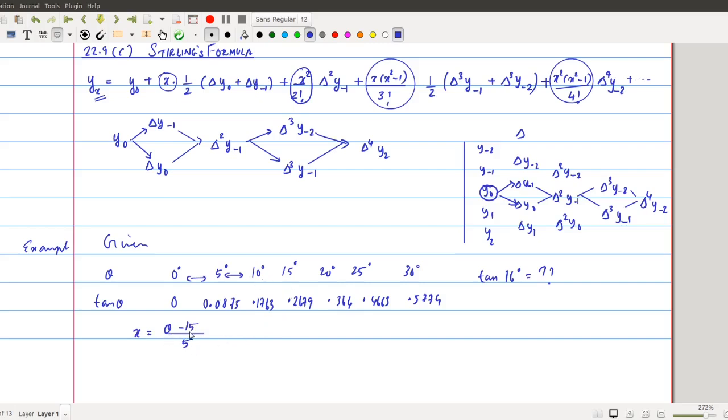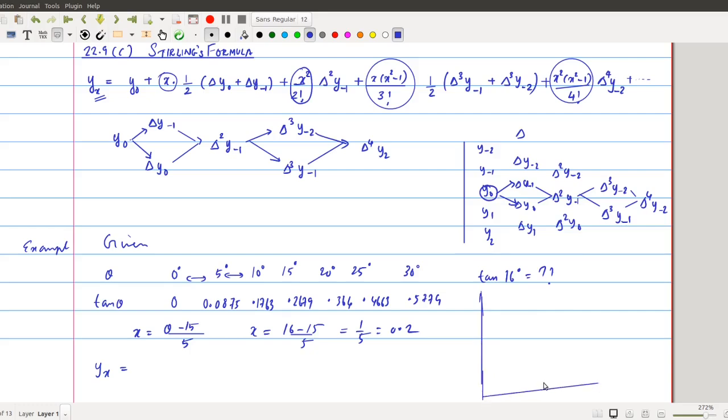At theta equal to 16, x is (16 minus 15) divided by 5, that is 1 by 5, equal to 0.2. Now you evaluate yx. What is yx? Yx is obtained by performing this formula, that is y0. Before that we need to set the table, so I'll write the table here.